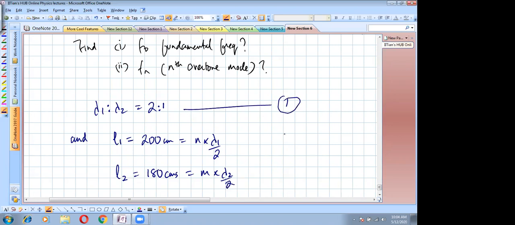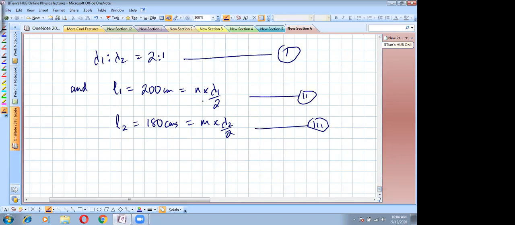So equation 1, equation 2, and equation 3. Okay. Now here the minimum possible values of n and m as whole numbers or integers will tell us the fundamental frequency's formula. Okay, so that is a concept.